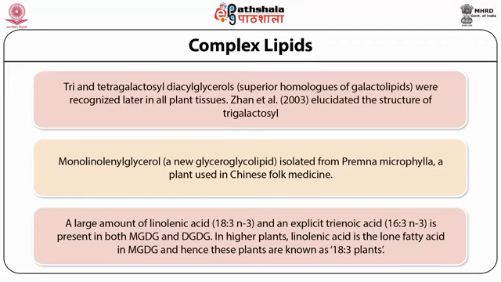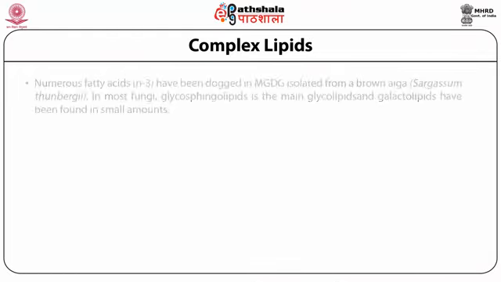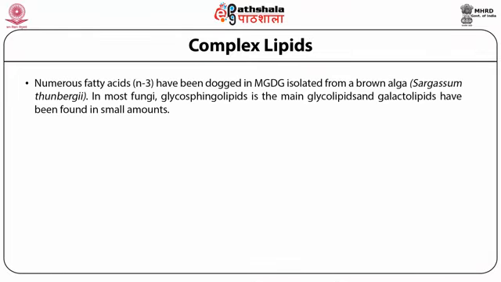In higher plants, linolenic acid is the lone fatty acid in monogalactosyl diacylglycerol, and hence these plants are known as 18:3 plants. Numerous fatty acids have been docked in monogalactosyl diacylglycerol isolated from a brown alga, Sargassum thunbergii.